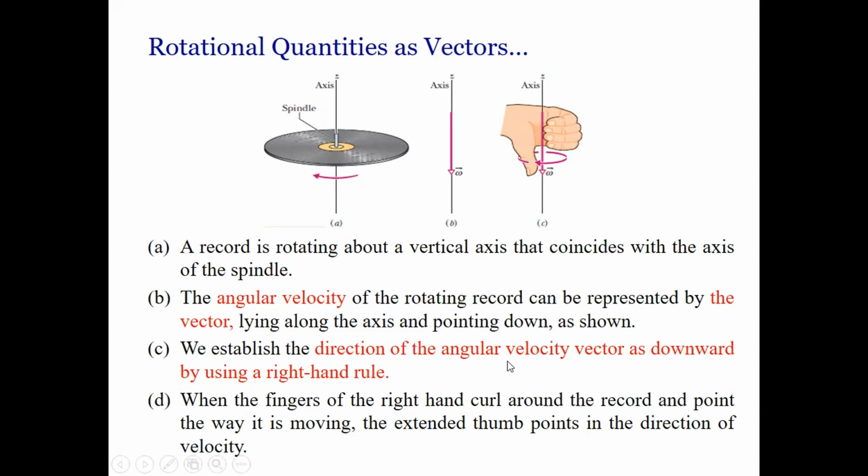So we can establish the direction of the angular velocity vector downward by using the right hand rule. The fingers curl around the record, pointing the way it is moving, and then the extended thumb points in the direction of the velocity.